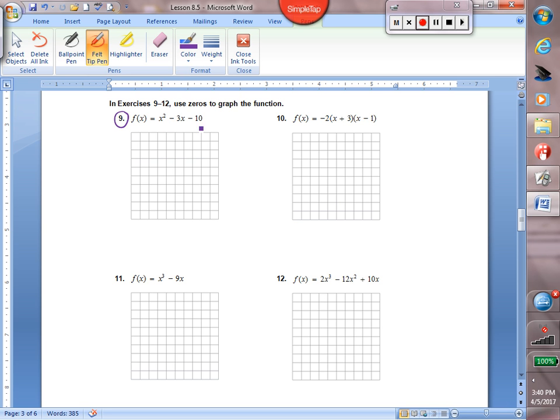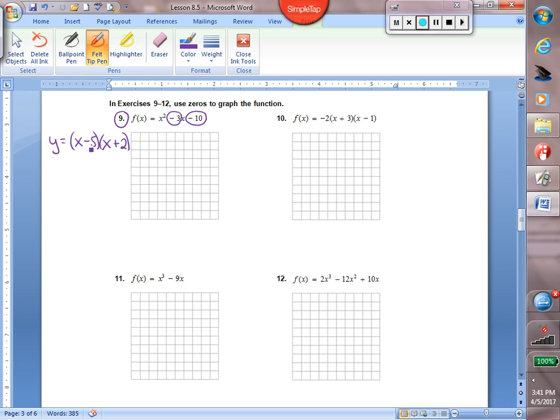Factoring, remember, we want to find 2 numbers that add together to get us -3 and multiply together to get -10. So what I can think of is a -5 and a +2.